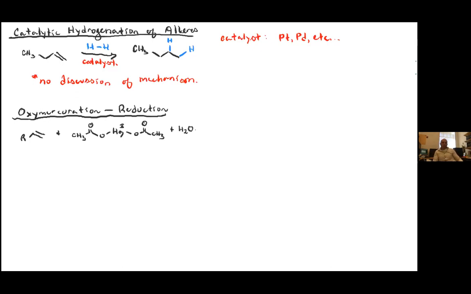Okay. And in that first step, so this will be step 1, we're going to generate that organomercury intermediate. So the structure will look something like this.